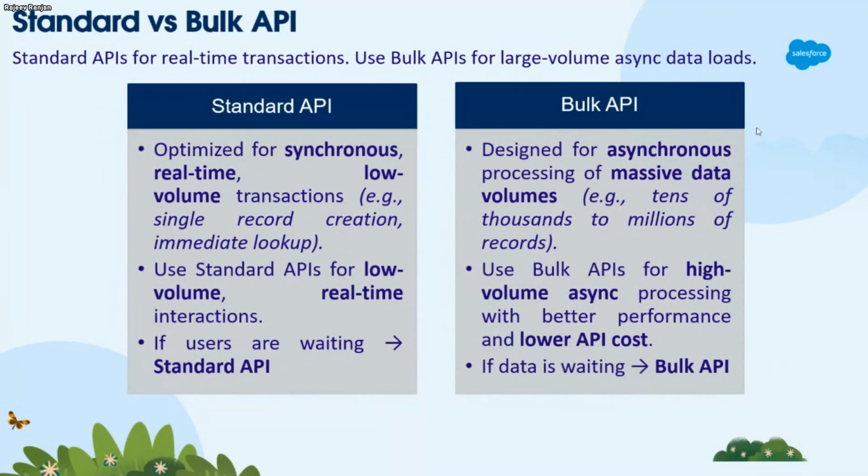Okay, so now let's see what the standard versus bulk API is. Mostly we have seen that wherever synchronous communication is required, mostly in real-time systems, a standard API is used, where the traffic over this standard API is very low.